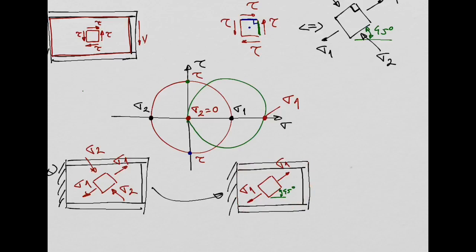So after this web buckles in this sigma 2 direction, the center of the Mohr circle moved from the origin of this referential system, so that now the circle is passing on the origin. Okay, this circle in green.